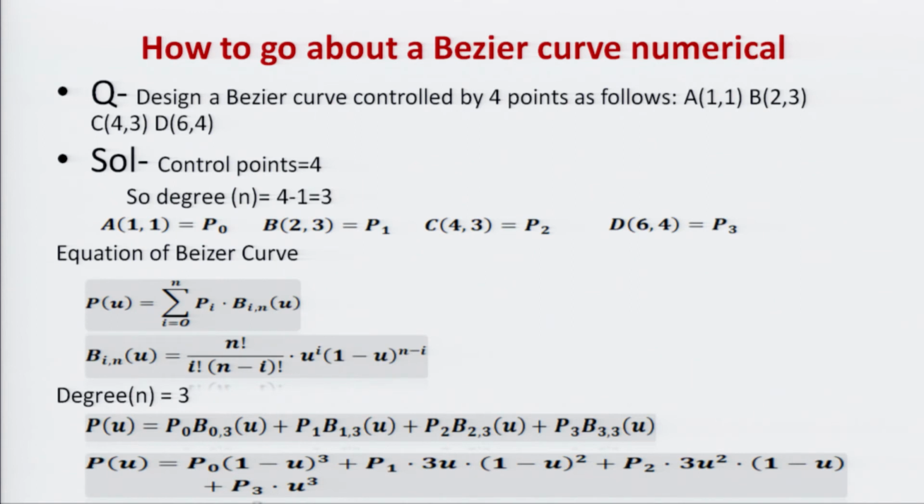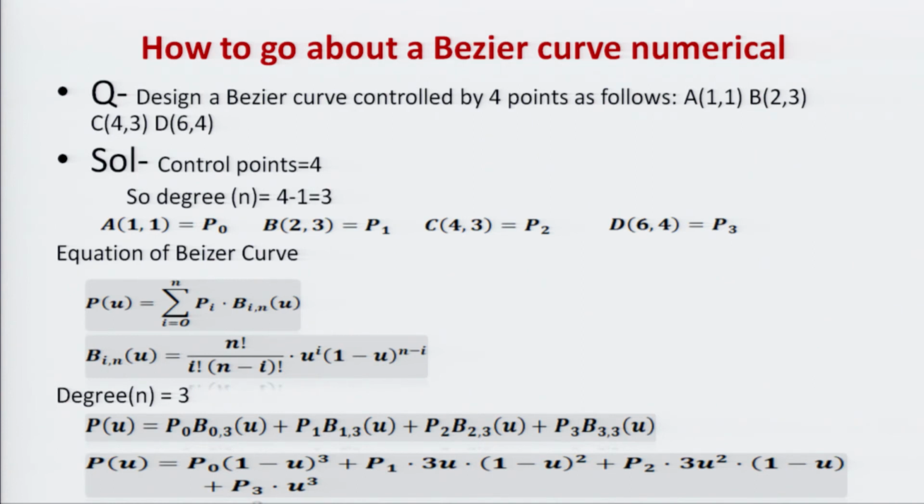Degree we can calculate, degree is always 1 less than the total number of control points. The total number of control points here is 4, so the degree will be 3. Naming A (1,1) as P0, B (2,3) as P1, C (4,3) as P2, and D (6,4) as P3.